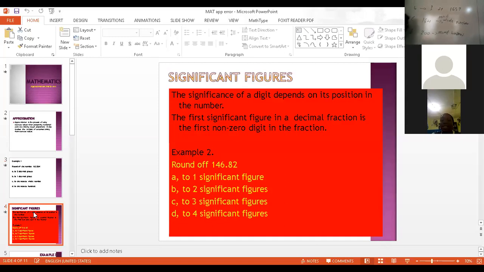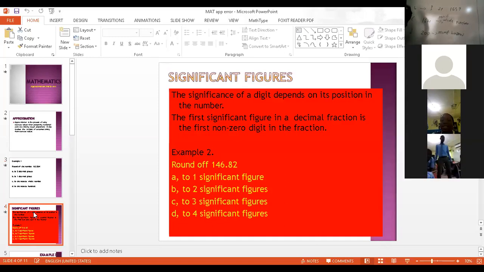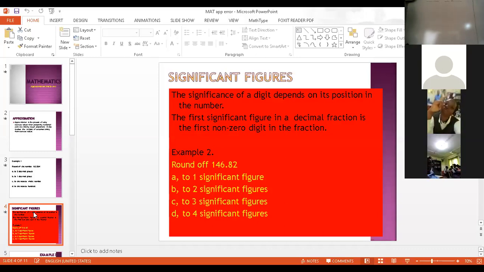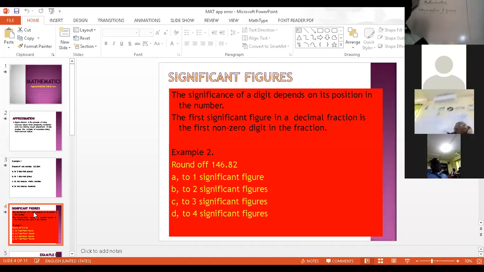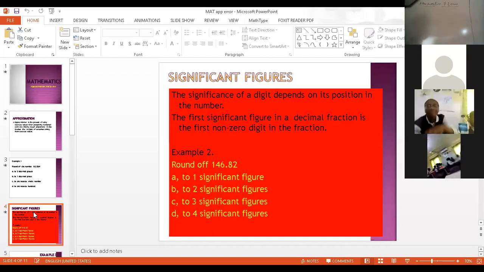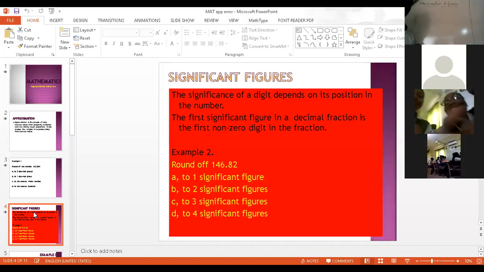What about significant figures? Like I said, all this is revision to you, but it's better we do it because repetition strengthens memory. Now, let's talk about significant figures. On your screen, you see that the significance of a digit depends on its position in the number.